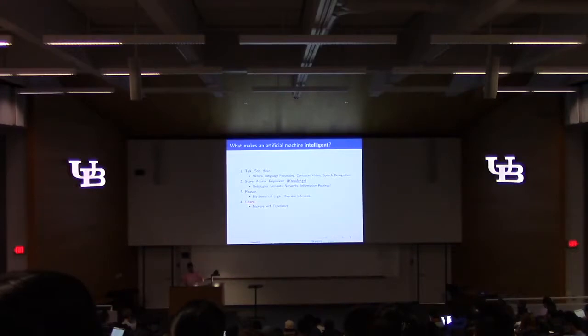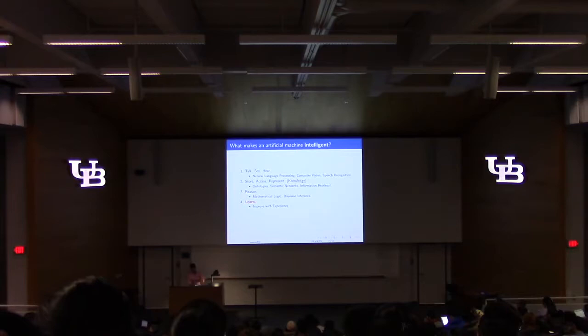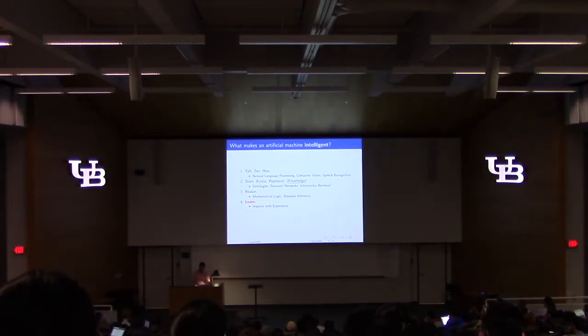To make sense of what is coming inside. That's what humans do very naturally, and we want machines to do that. Each one of these capabilities is actually a topic within AI and computer science, right? So there is computer vision that talks about how to see, speech recognition, language processing, and so on.